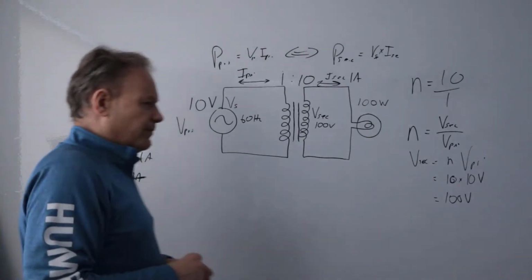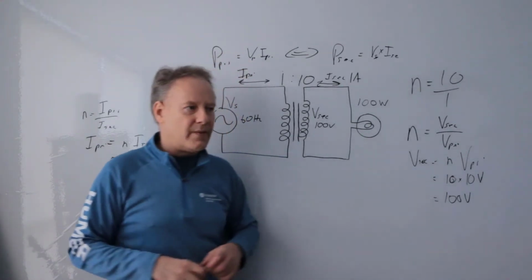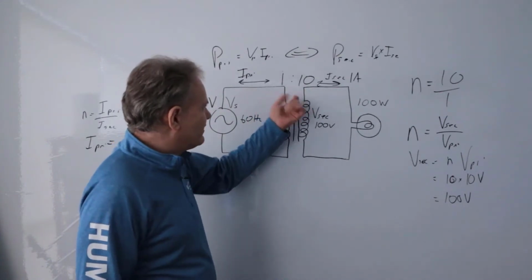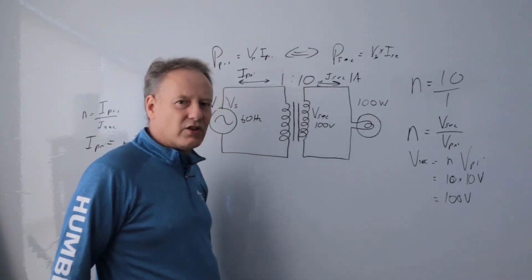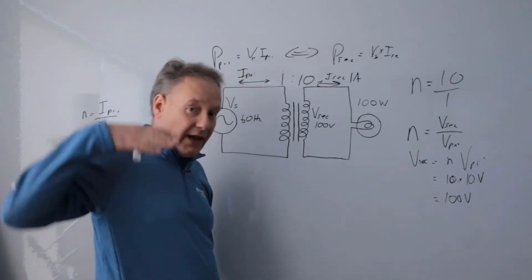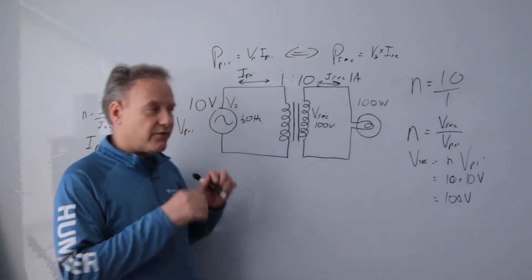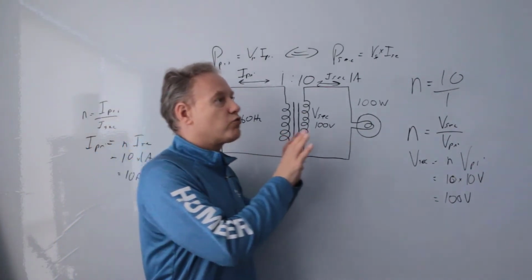Okay, let's talk about this. Does it feel right? I mean, the voltage seemed to feel right. We know it's a step up, and it's times 10, so we're fine with that. The current, what should it do? Well, the current should actually be stepping down. When we talk about stepping up or stepping down, we look at it from the perspective of the source and what's happening through the transformer.